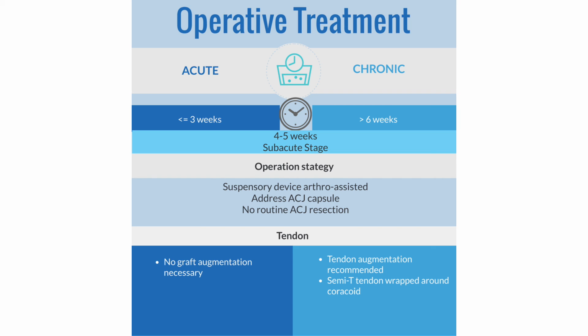We don't do or recommend routine AC joint resection. When do you use a tendon? For the chronic operative treatments, you need a tendon. So tendon augmentation is recommended. We use a semitendinosus tendon wrapped around the coracoid. And for the acute treatment, there is no graft augmentation necessary.